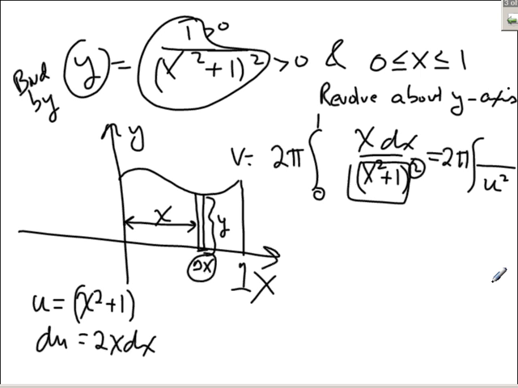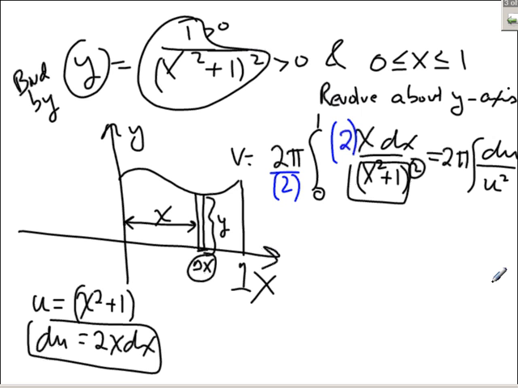And the numerator, well, if I put a 2 in front, then I'll have 2x dx, but that's du. But in order to put a 2 in the front, I have to counter it by putting a 2 in the denominator in front.